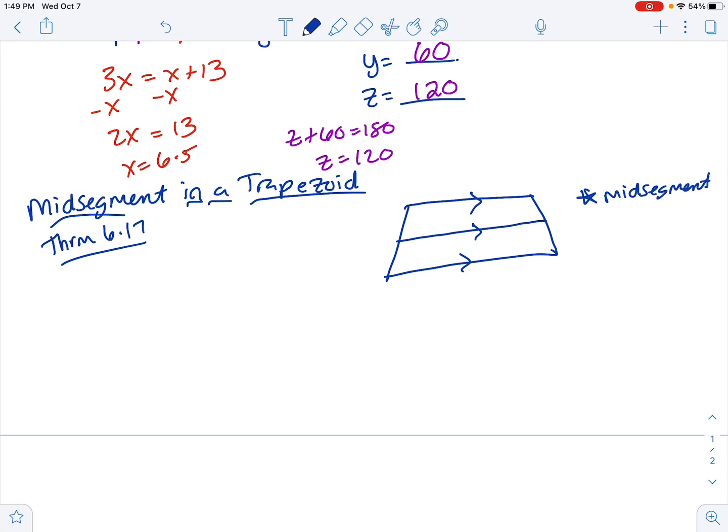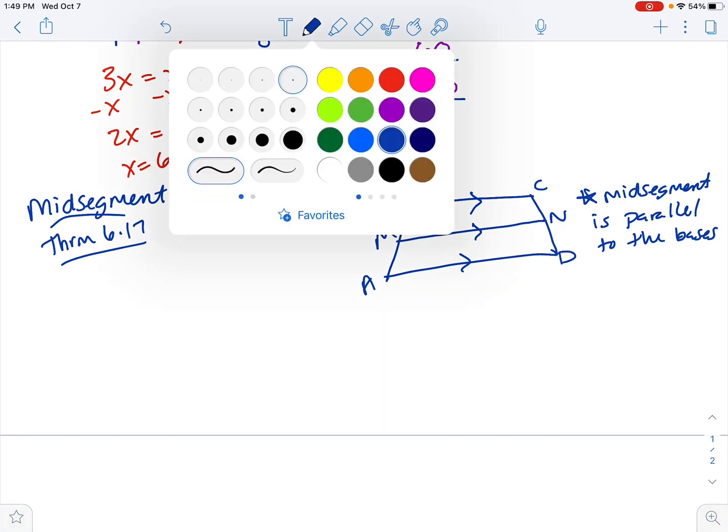The mid-segment is parallel to the bases. I'm going to call this A, B, C, D, and M, N. So the mid-segment is going to cut each leg in half. But if this isn't an isosceles trapezoid, they're not all going to be congruent.